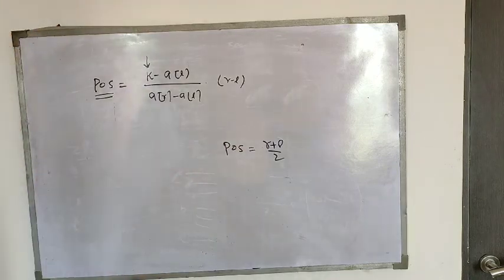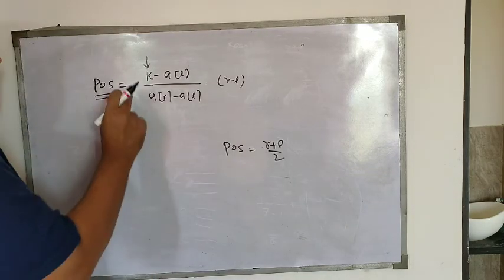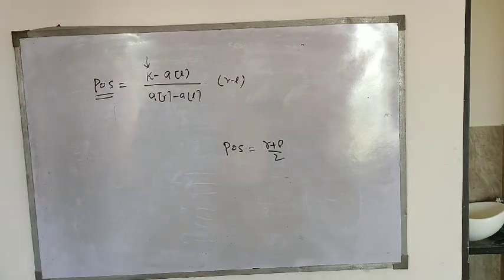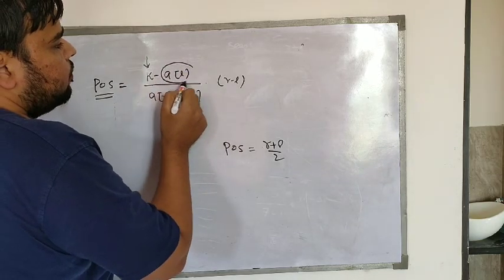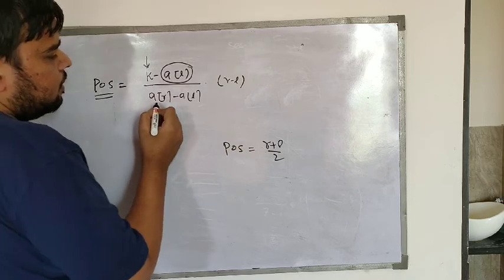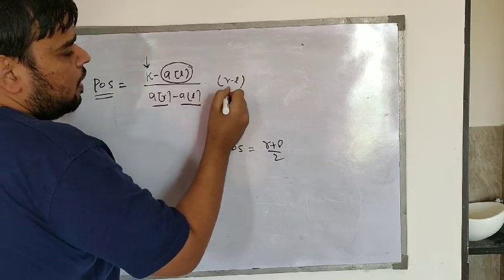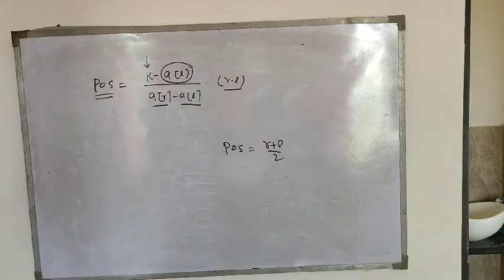The position is calculated by this formula. This is the key which you are looking for, and from the key you subtract your starting element. Then you divide by the last element minus the starting element, and multiply by the last position minus the starting position.